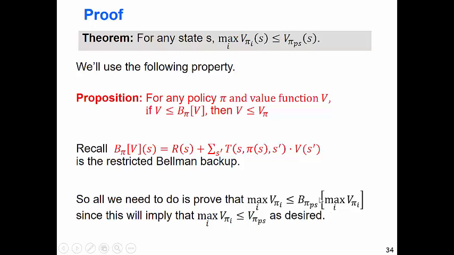If we can show that this is true, then we've shown the desired result, and that's all we want to do. So for our case, we want this to be the policy switching policy, and we want this to be the max value function.